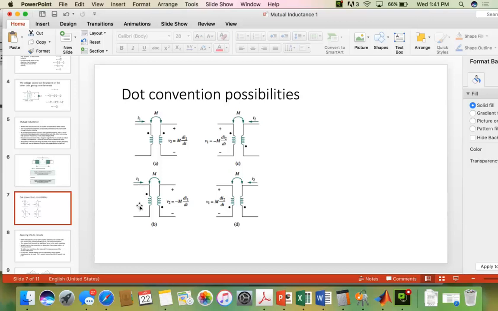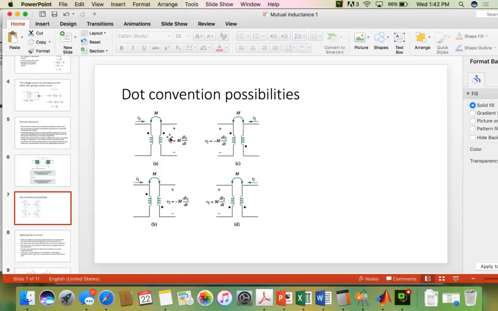Now I have a little bit of an issue with the book's labeling, because they've labeled the voltage in figure B in the same way as in figure A, but you'll notice there is a negative sign. I probably wouldn't do that. I would probably put the negative sign at the top and the positive sign at the bottom and make this sign positive, but as you know, it is exactly the same thing.